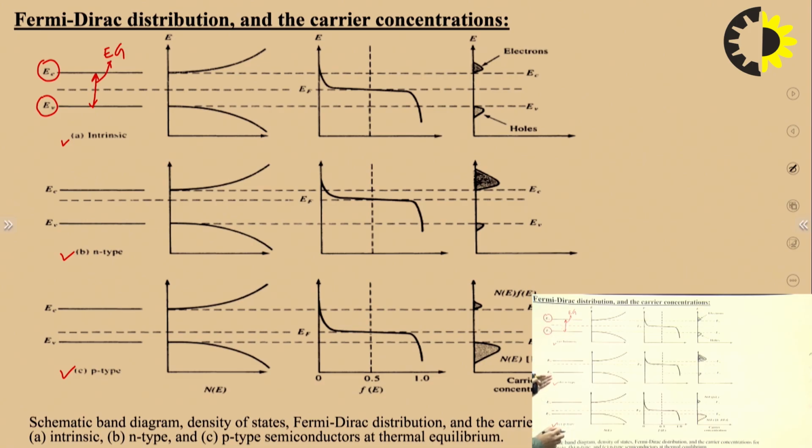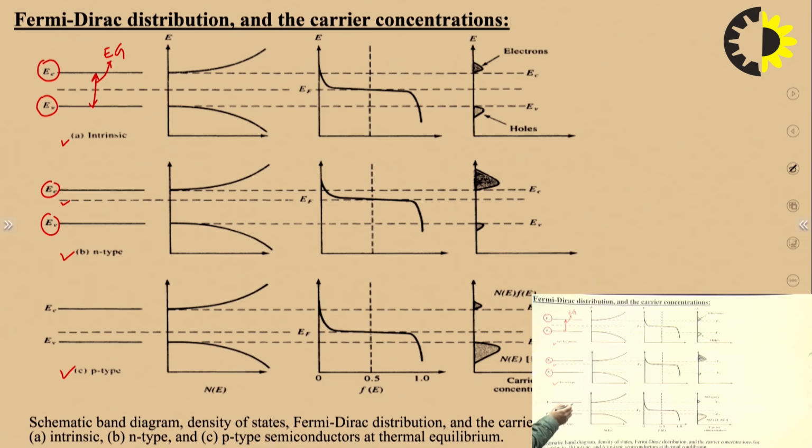If you look at the N-type semiconductor, the Fermi level lies just below the conduction band. You can see here, this is the valence band, the conduction band, and the Fermi level lies just below the conduction band. And in the case of P-type semiconductor, the Fermi level lies just above the valence band.